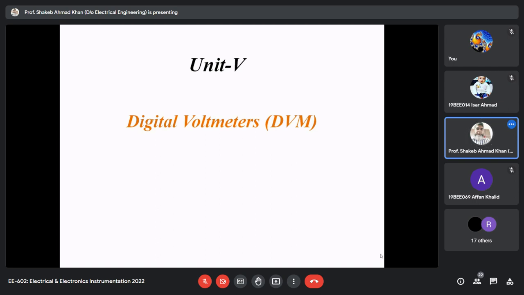It is not only one technology, there are different technologies. One of them, the most prominent one, is to convert the analog voltage signal into time, and then time is measured.